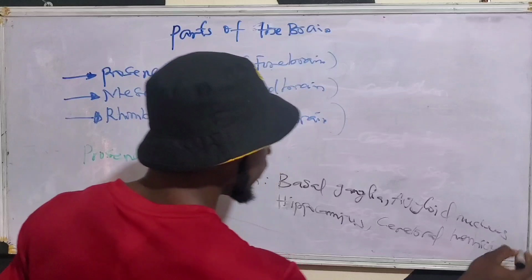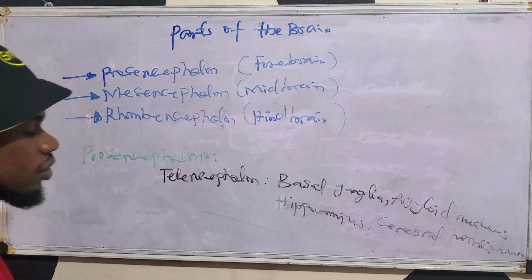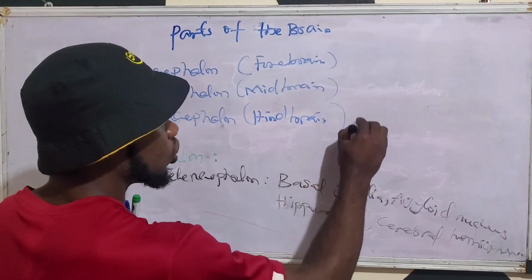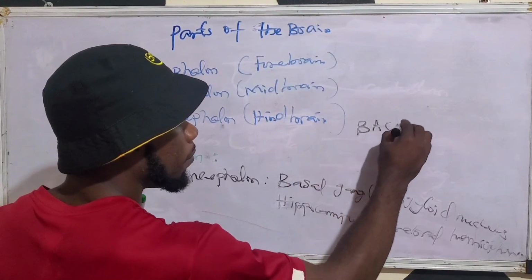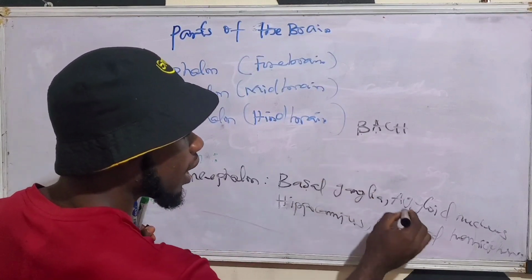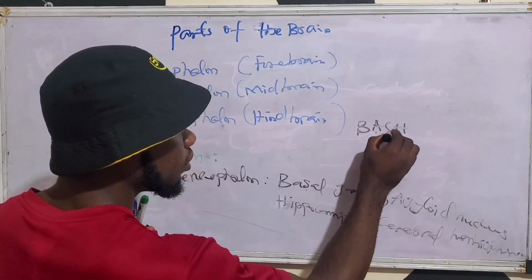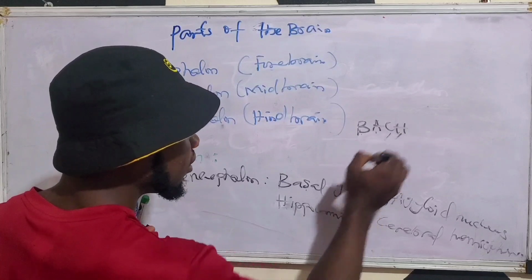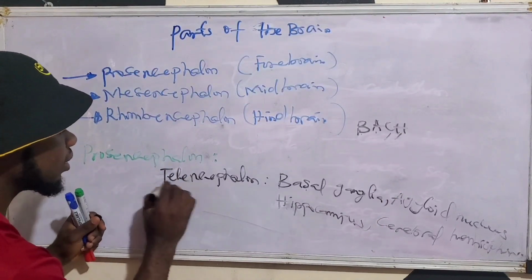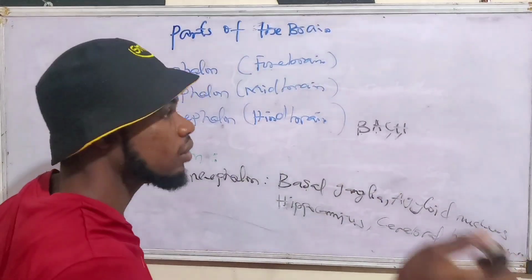These are the four structures found here, and for you to remember easily, it's the word BACH. This is for basal ganglia, this is for amygdaloid nucleus, this is for cerebral hemisphere, and this is for hippocampus. Very easy.